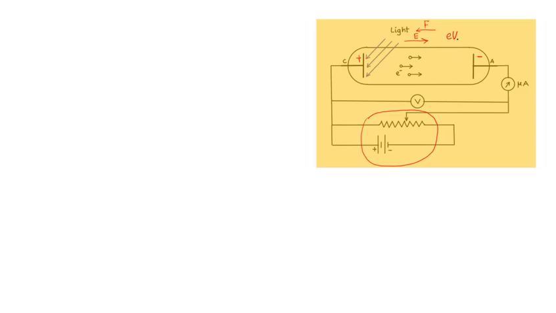When the current in this outer circuit becomes zero, it is only possible if not a single electron is able to reach this electrode. That is possible only if the electron having the maximum kinetic energy is stopped by the applied potential.